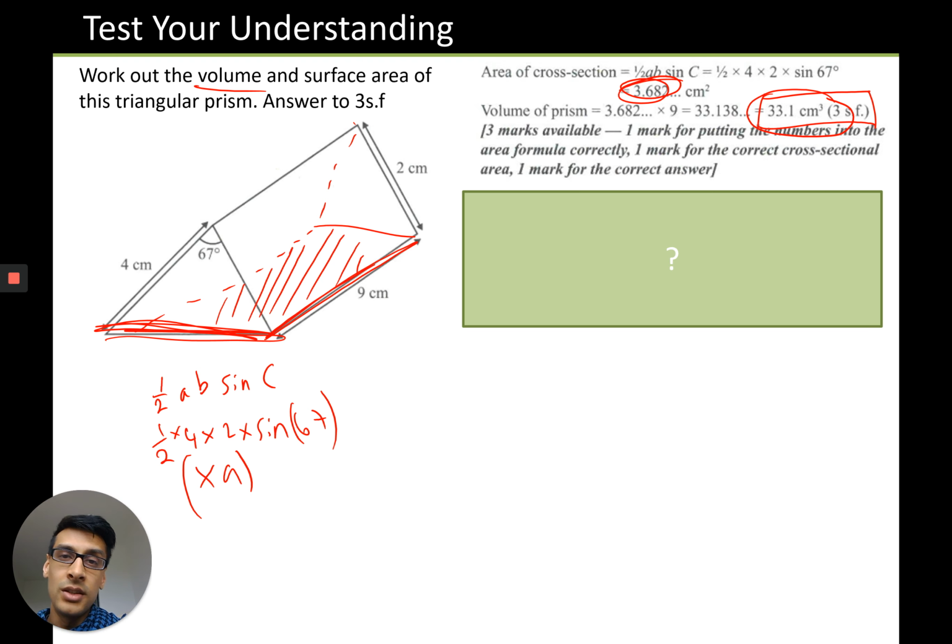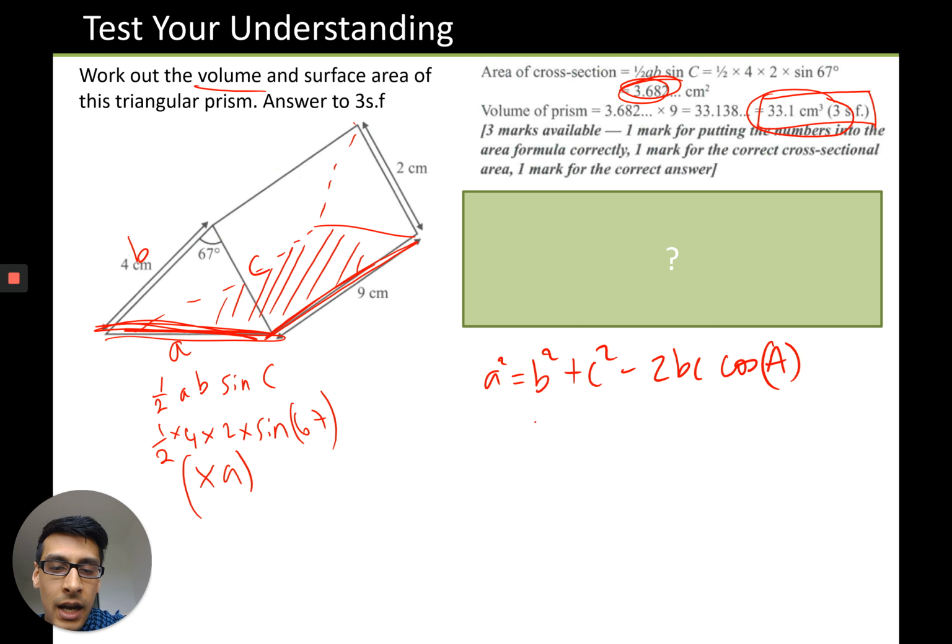And to do that, you use the cosine rule. So we can say, in this case, I'm going to make this my A, and then this my B, and then my C. So I have A squared equals B squared plus C squared minus 2BC cos A. And then in this case, it becomes 4 squared plus 2 squared minus 2 times 4 times 2 times cos 67.